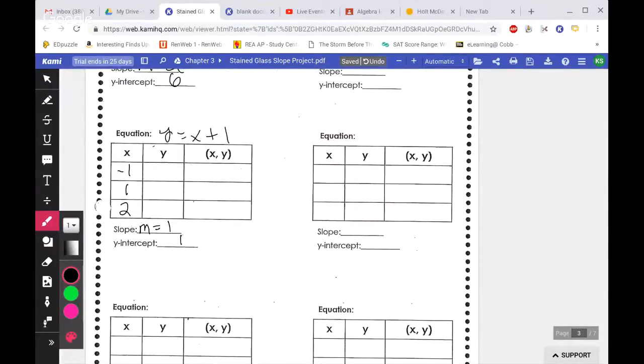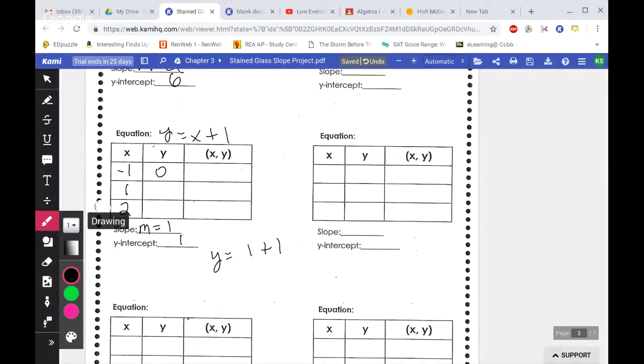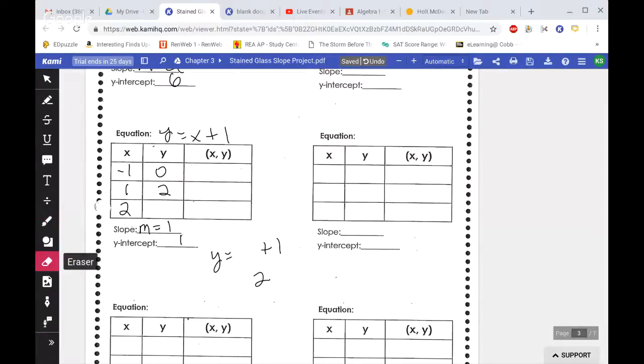So I'm just going to plug in a -1. And now I'm going to plug in a 1. And now I'm going to plug in a 2.